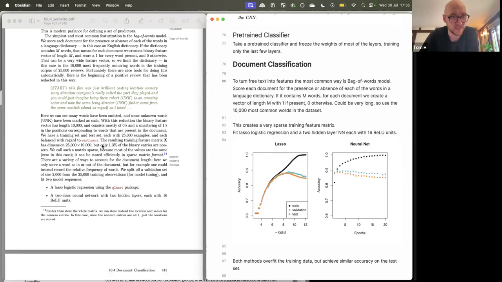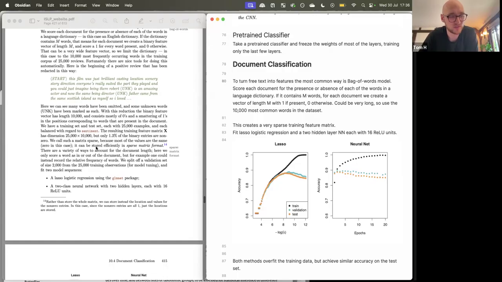And the key here is that most reviews will not contain anywhere near every word in the dictionary. And so you'll have a very sparse feature matrix, which means that you can store this much more efficiently because you don't need to store the whole matrix. You just need to store the locations of the non-zero entries.